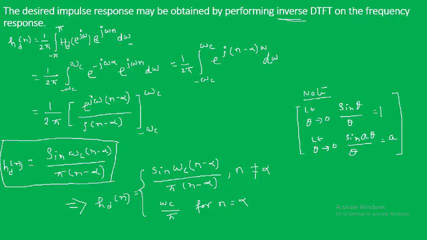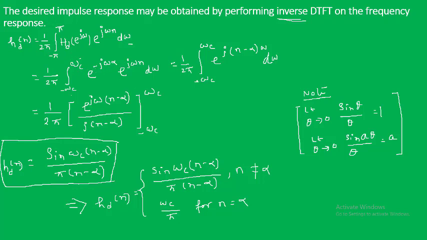In this region from minus pi to pi, Hd of e to the power j omega is only defined from minus omega c to plus omega c. Within this limit, its value is e to the power minus j omega alpha, and otherwise it is 0. So we need not consider the other part, that will be 0.